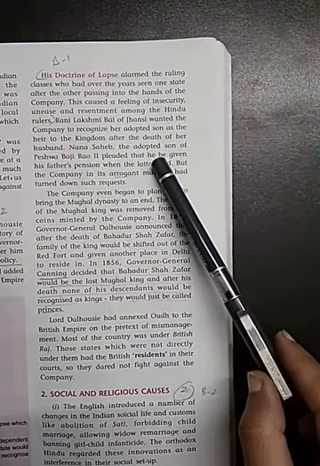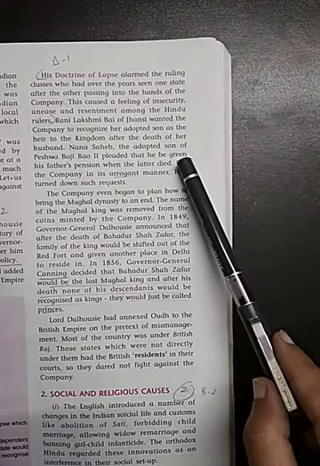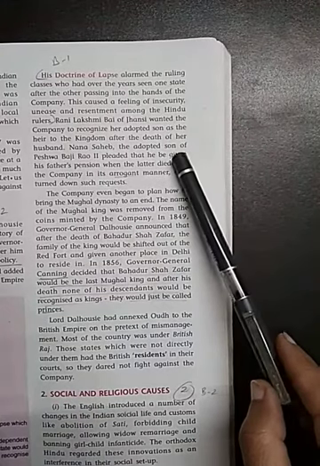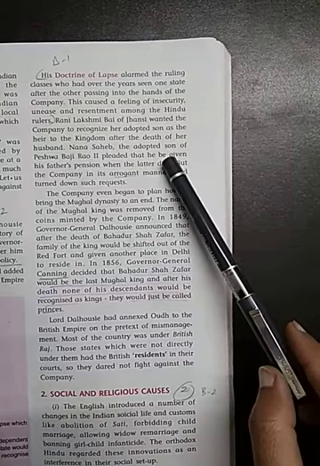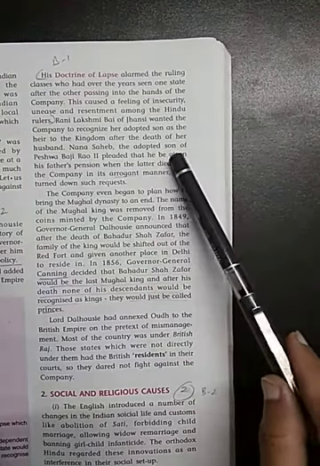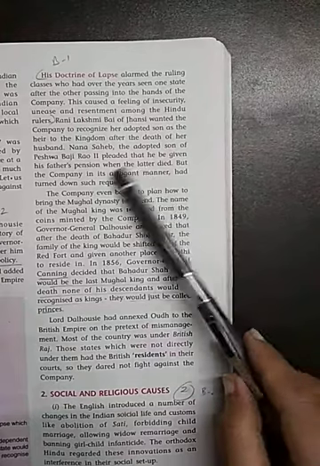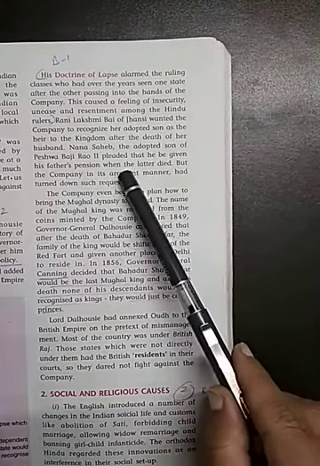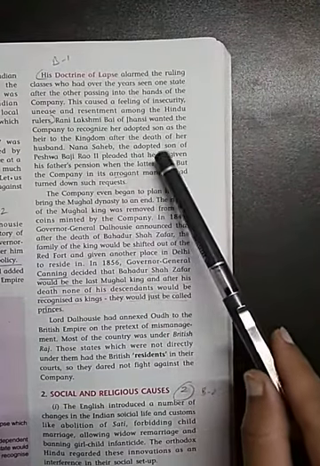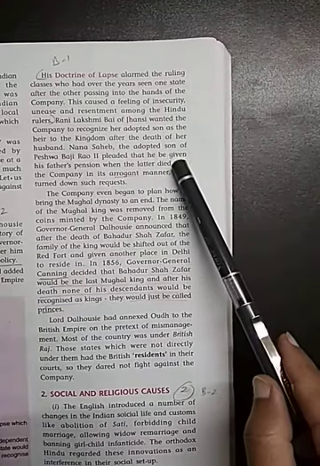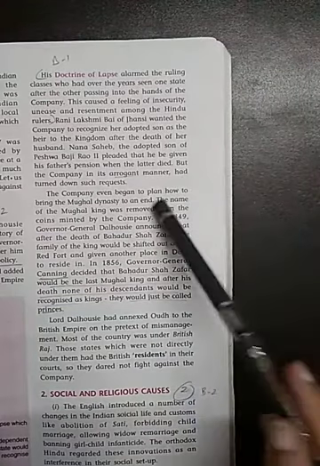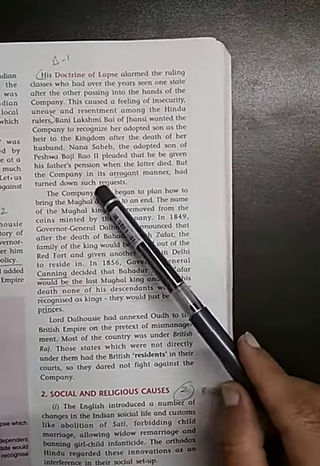There was one adopted son, and she wanted the company to give recognition to her adopted son, so that he could be the next ruler of that area.